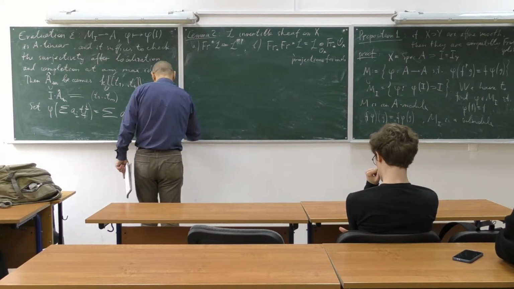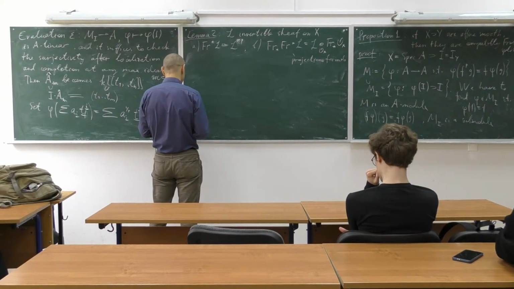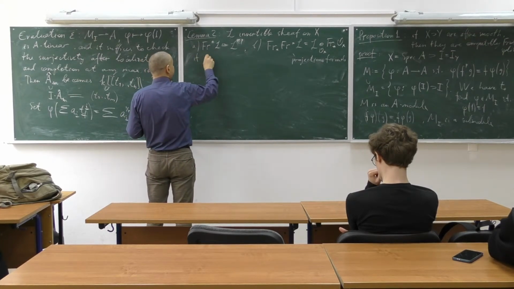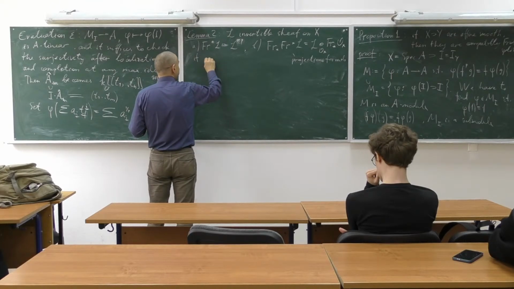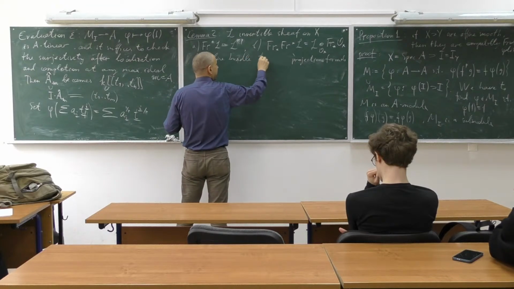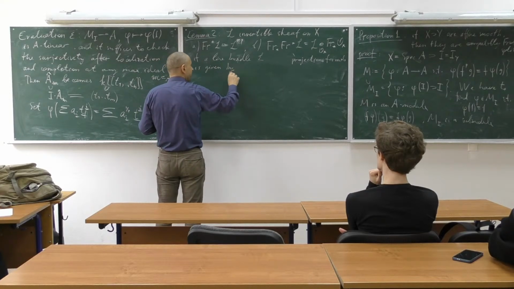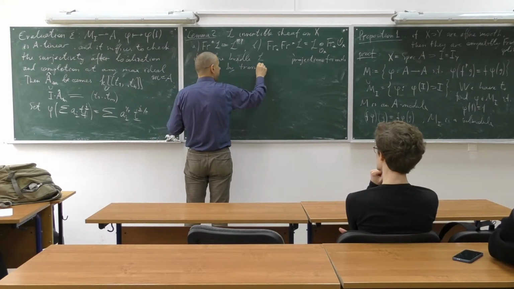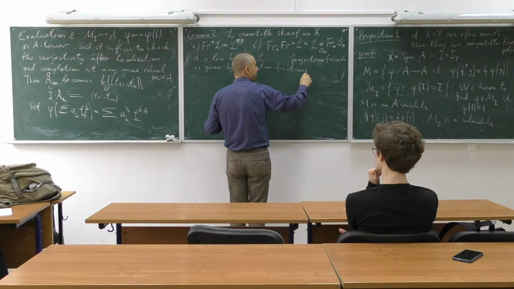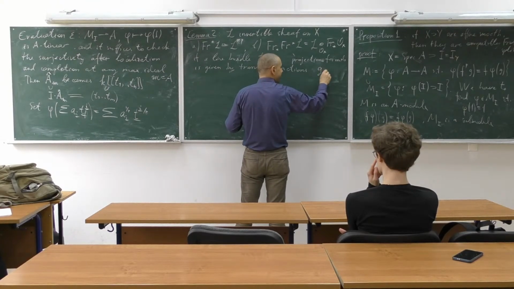And as for the first part, it's also clear, I would say, that, say, a line bundle L is given by transition functions g_alpha_beta.